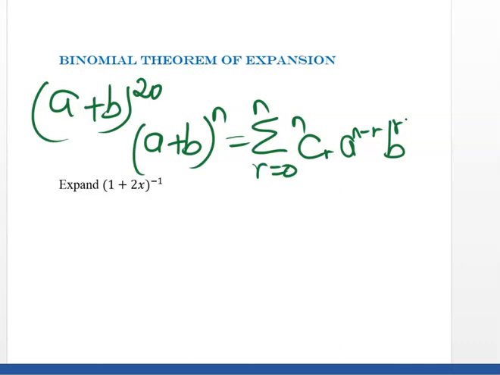That is the binomial theorem of expansion that we can use. n here is the power, r is the term, so we start with the first term, r equal to 0. One thing you should note is that as this power is reducing, this power r is increasing, and the sum of the powers gives the power of the binomial. You notice that n minus r plus r gives us n.